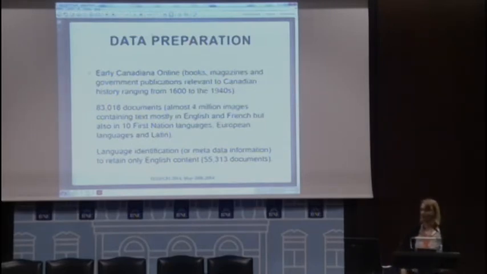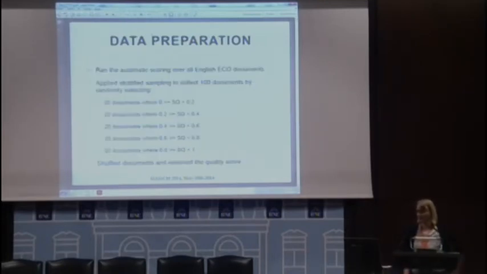Then we wanted to do some manual rating, and so we took the Early Canadiana Online documents, again, just the English ones. So there are over 55,000 documents. We then ran our automatic score over all of those documents.